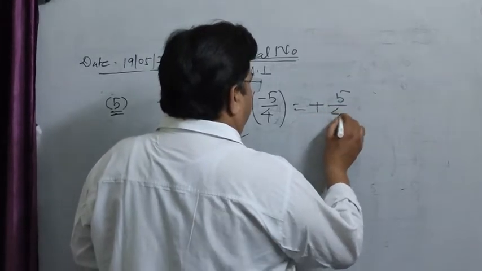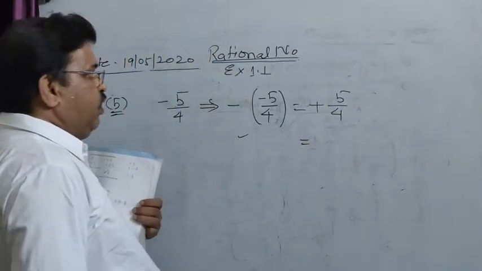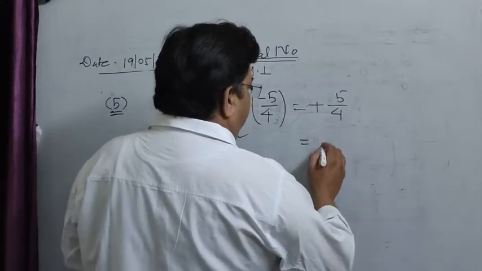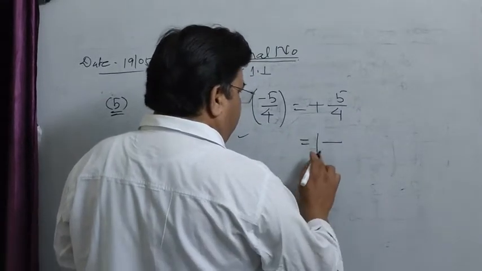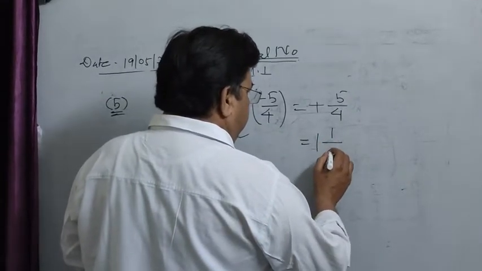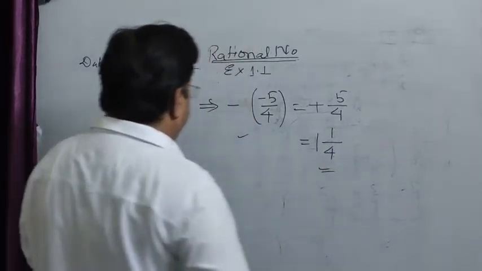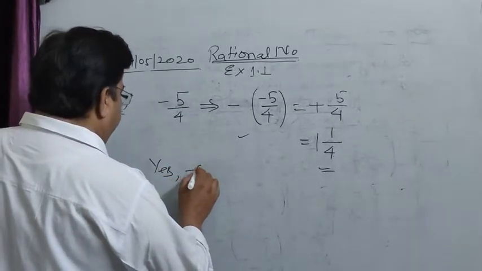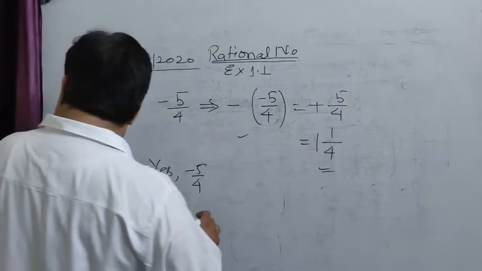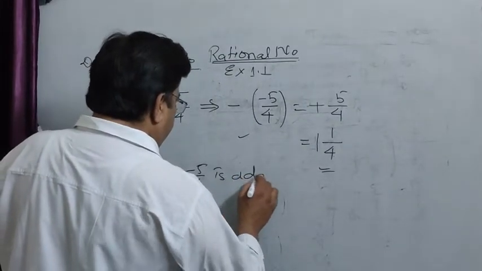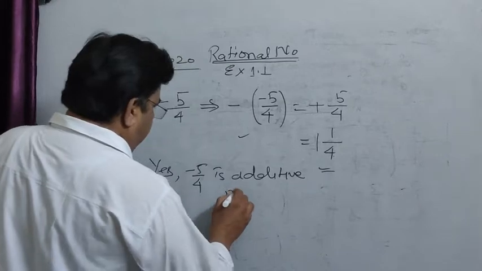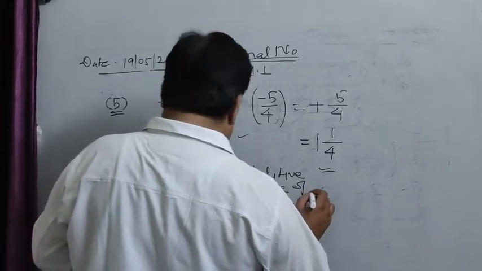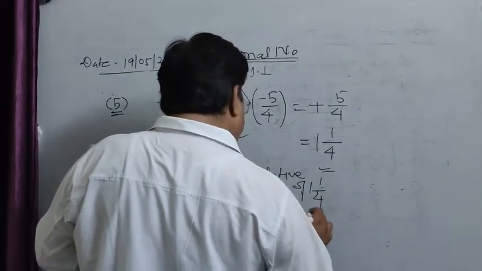Now change this rational number into a mixed fraction: 4 ones are 4 and remaining 1 and the 4. Is this clear? Yes. You can write minus 5 upon 4 is the additive inverse of 1 complete 1 upon 4.